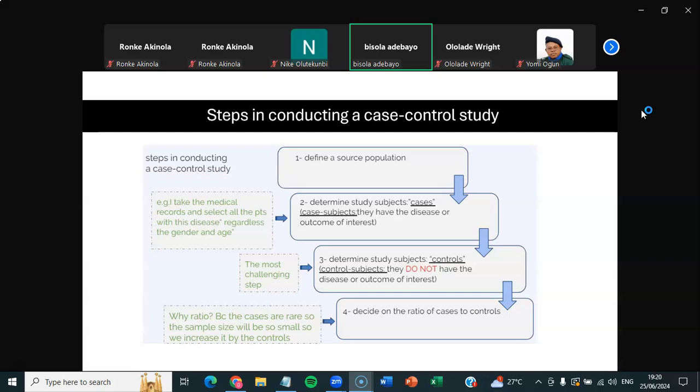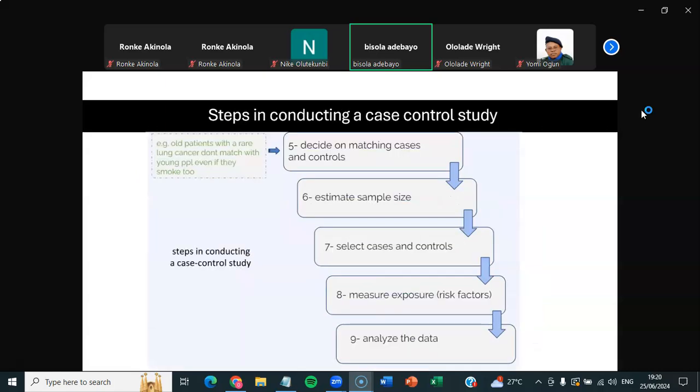The number of controls should not be less than the number of cases. However, beyond 4 controls to 1 case, there's little added value in terms of statistical efficiency. Then we decide if we want to match our cases and our controls, and we estimate our sample size, we select them, and then we measure our exposures and analyze our data.